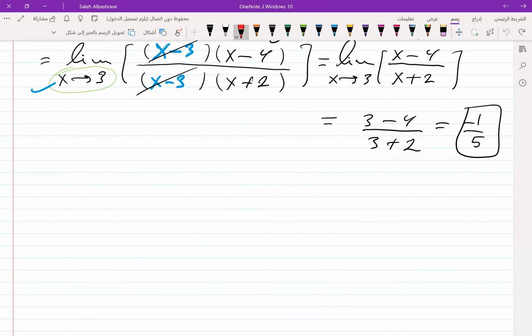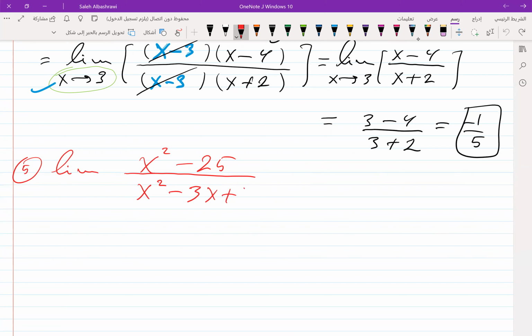Number 5. Let's find the limit of x squared minus, let me choose this time, 25, and down x squared minus 3x plus 10, where x goes to 5.